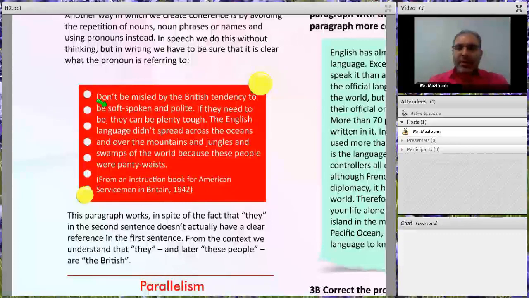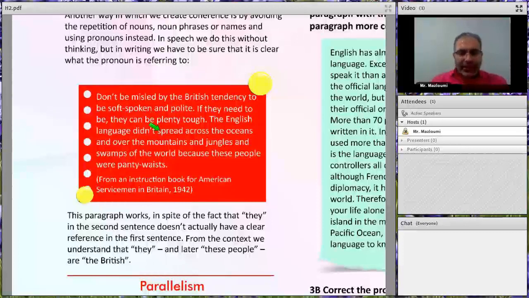Soft-spoken or softly spoken means having a pleasant and quiet voice. And you know, polite, the opposite is impolite. Well, they can be plenty tough. Plenty here means very, a lot. Tough is an adjective which means unkind, not pleasant. So they can be very unkind and unpleasant.